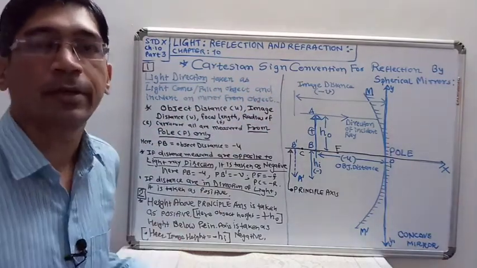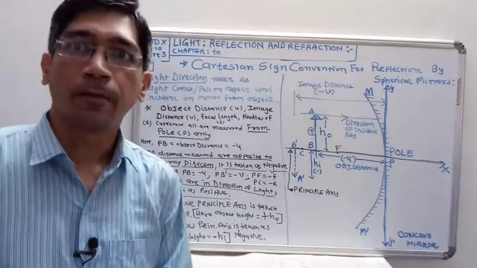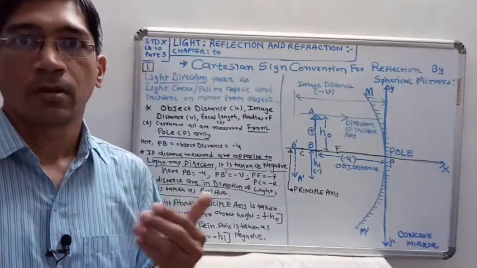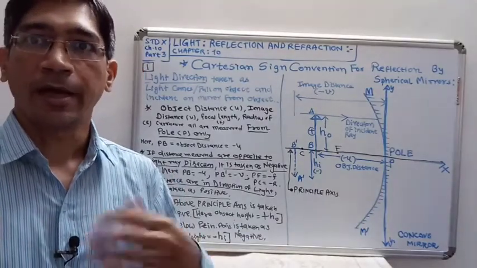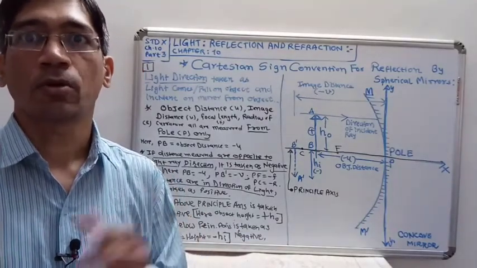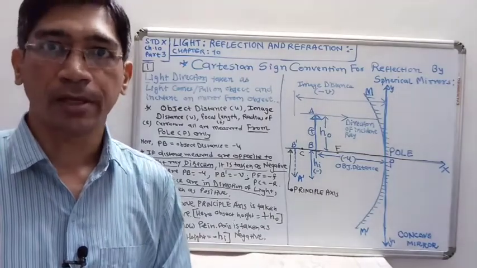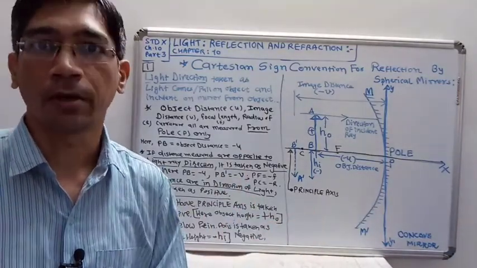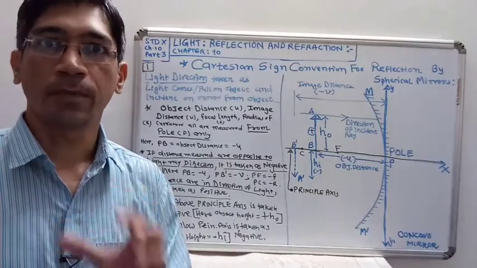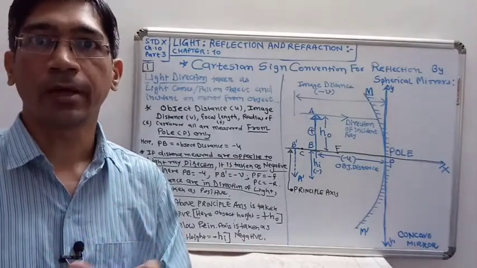Whenever we are taking spherical mirrors, the object is in front of the spherical mirror. The light falls on the object, and from the object it is incident on the mirror. So it is important to decide the direction of the light.